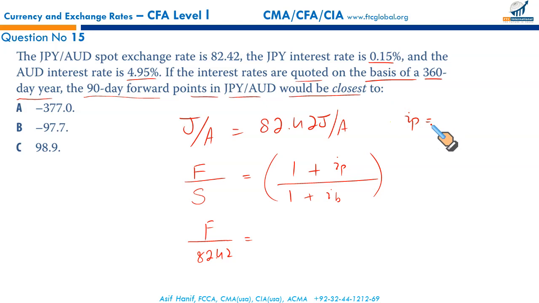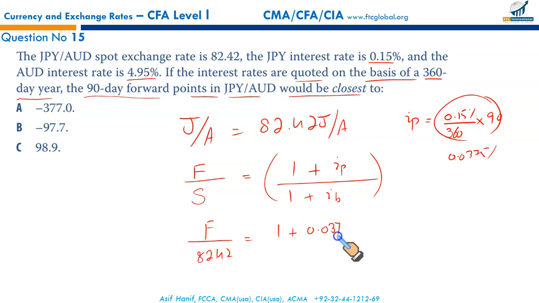Well, it is 0.15% on an annual basis. Let us convert it into 90 days, dividing by 360 and multiplying by 90. The simplification of this would give you 0.0375%. So 0.0375.